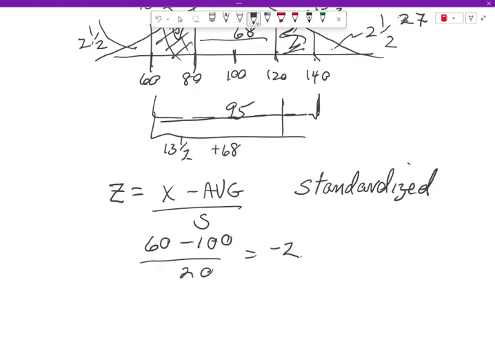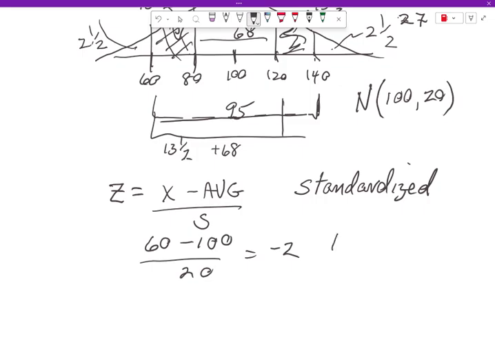All distances in statistics are measured in standard deviations. That's why the standard deviation is important. So once I have a z-score, I can put everything on the same basis. This is the way it's written. Normal distribution with a mean of 100 and a standard deviation of 20.